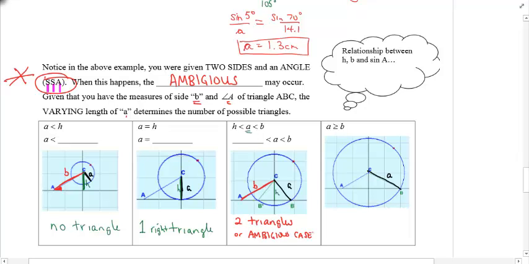So this is where side length A is smaller than the other side length B, and also larger than the height H.